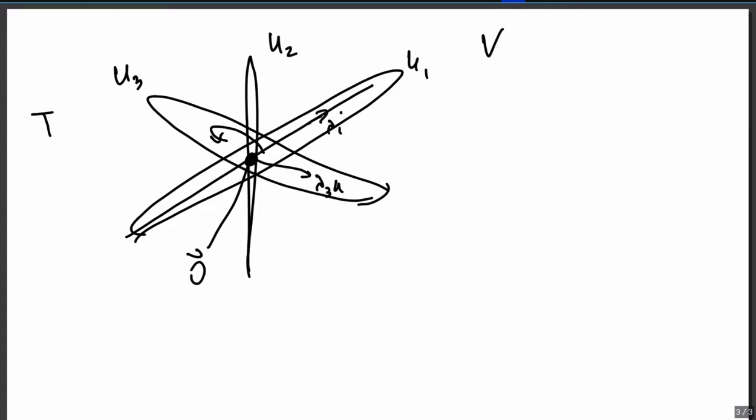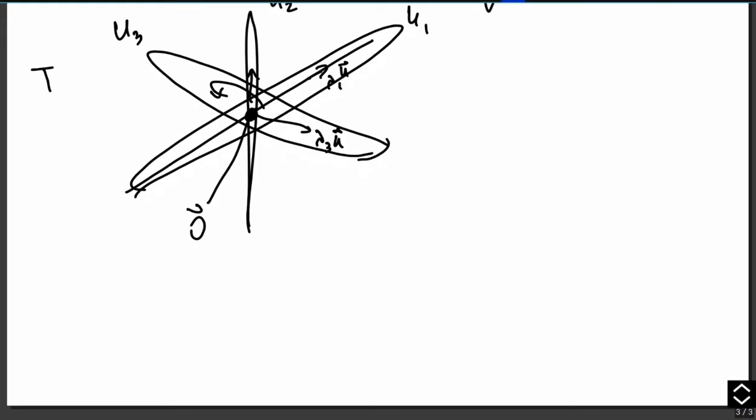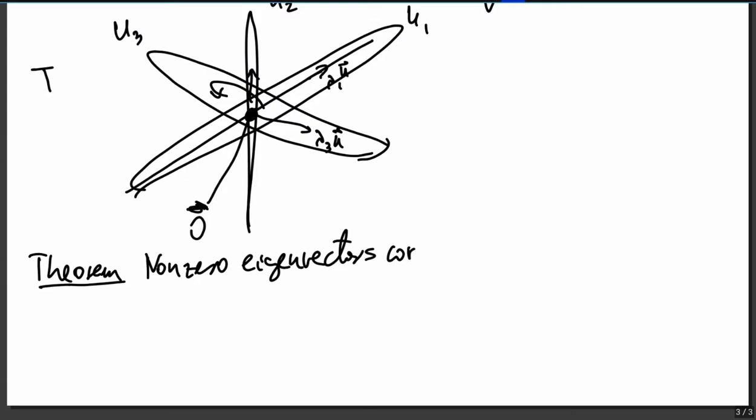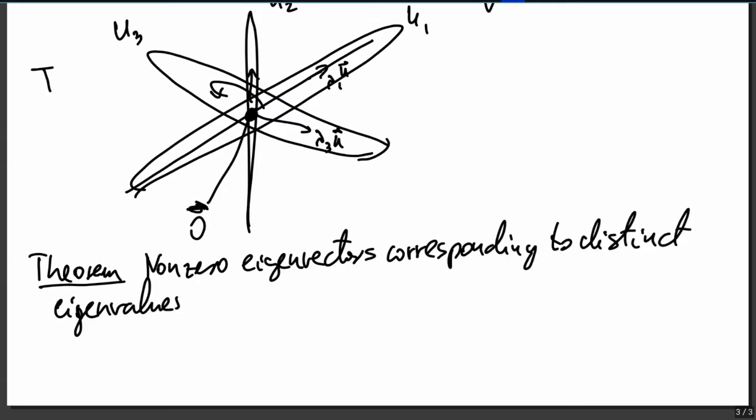So of course we can have different eigenvalues. What's also important to note is that, unless you consider the zero vectors, different eigenvalues have different eigenvectors, and more precisely, they are linearly independent. So the theorem says that non-zero eigenvectors corresponding to distinct eigenvalues form a linearly independent list.